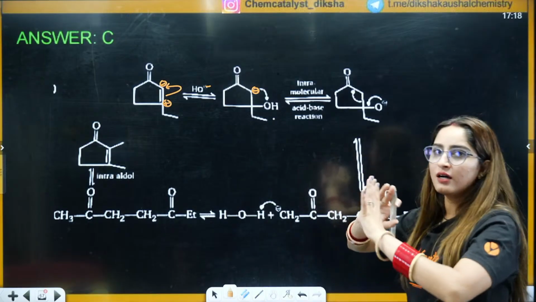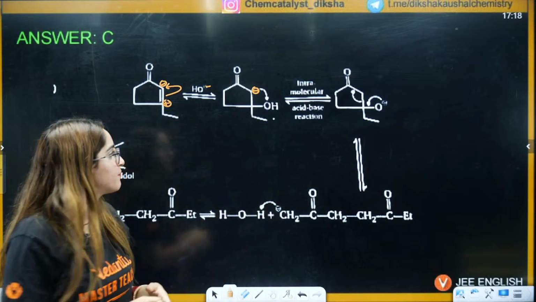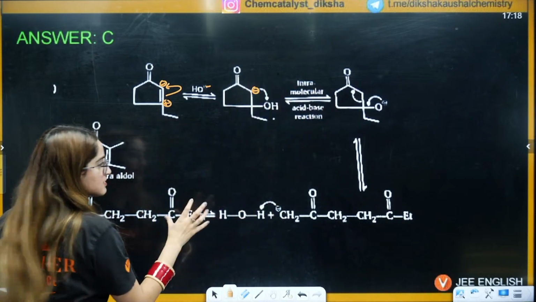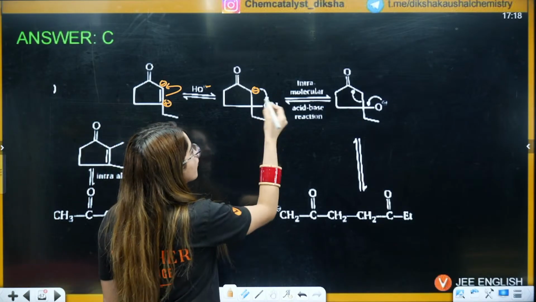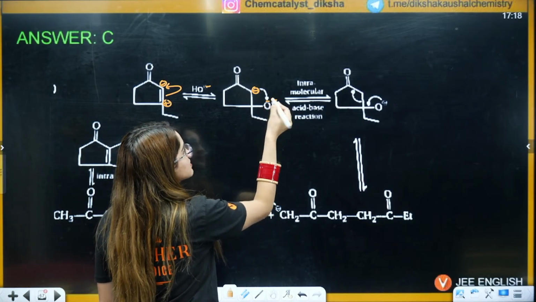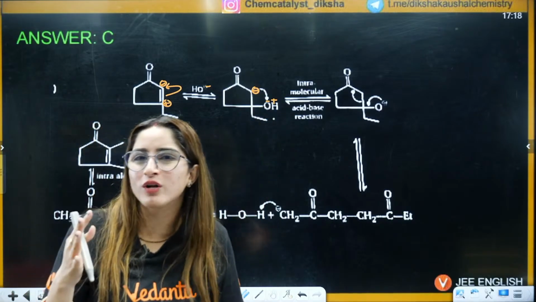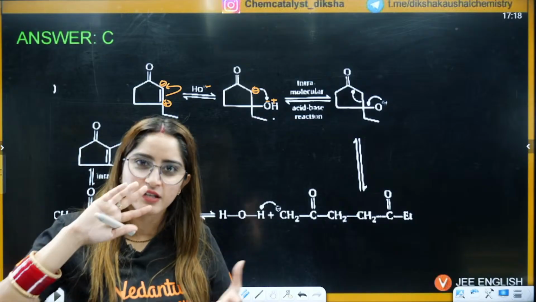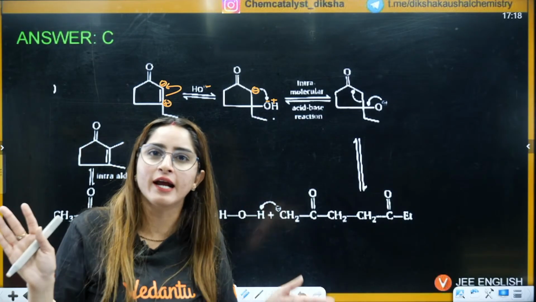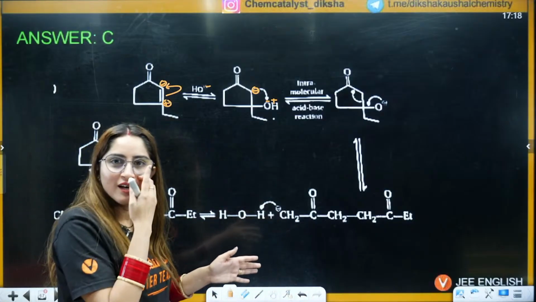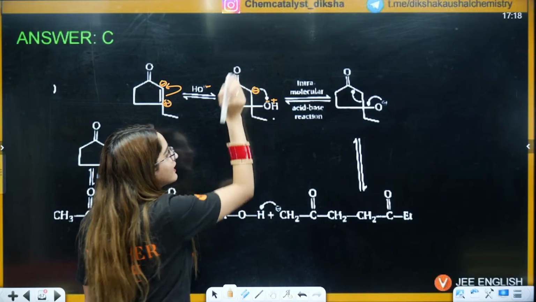Now the ring, this is the most crucial step. We know that this is O negative, this is H positive, and this is negative. Whenever there is a proton, proton is like that guy in the class who will fall for every girl. So it will see this negative and directly shift there.